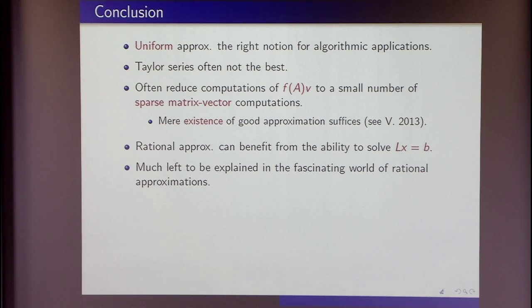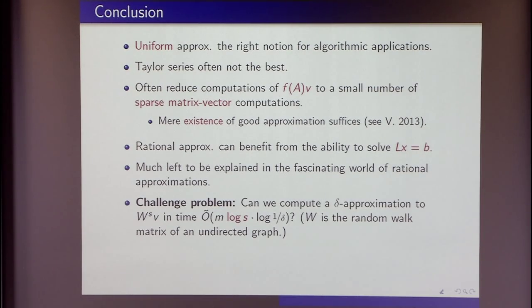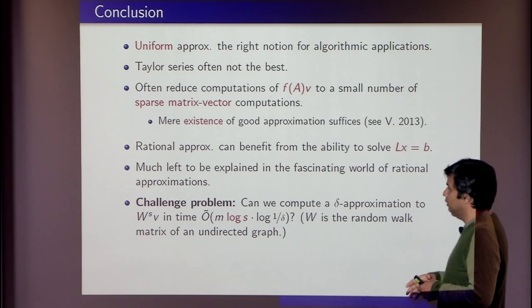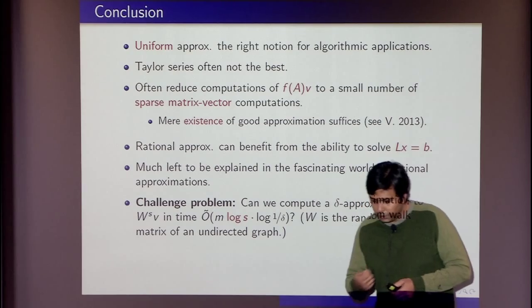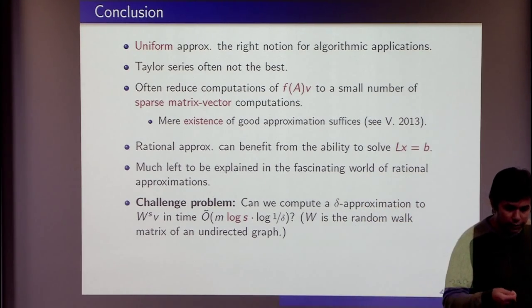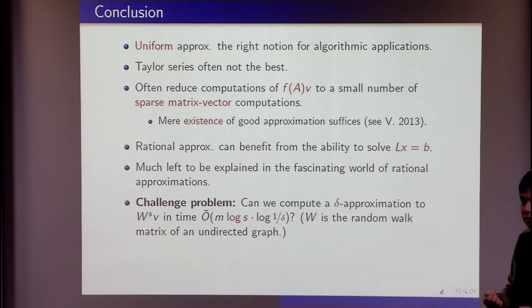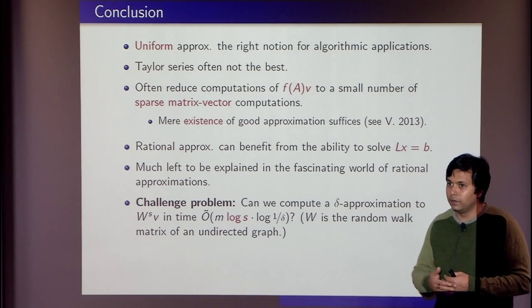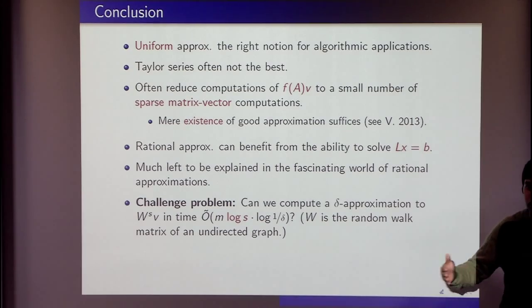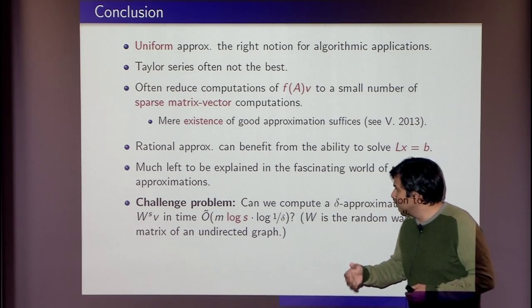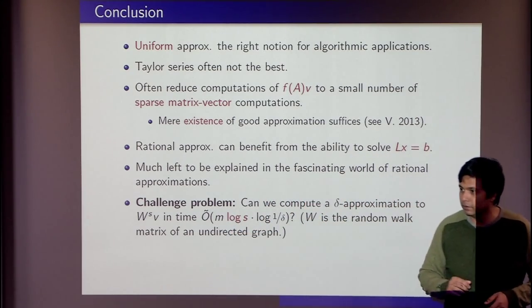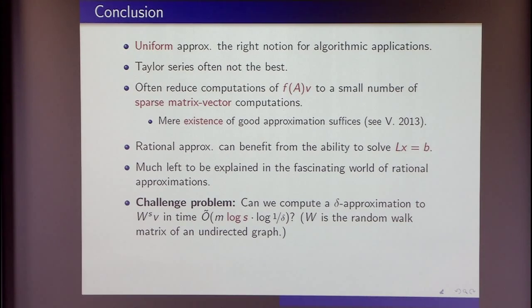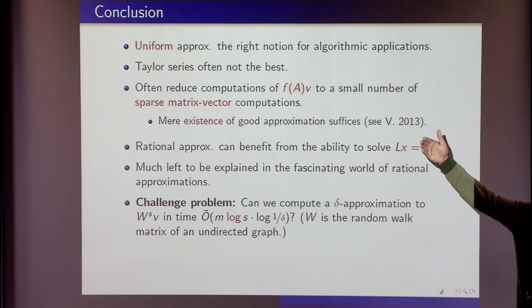And if you would like a challenge problem, here is a problem. One interpretation of this matrix exponential result is that you could do continuous time random walks in time which doesn't depend on time. If you wanted to do a t-time continuous random walk, then you could really do it in m times logarithmically in t, because t contributes to the norm of this matrix.